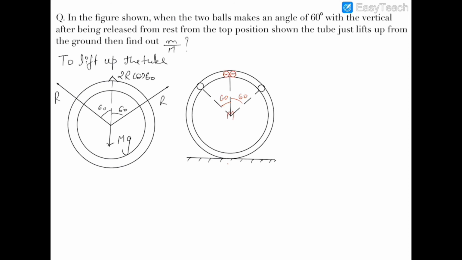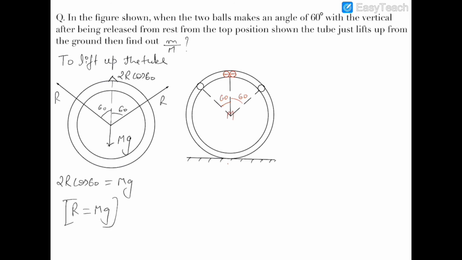So if this 2R cos 60 is balanced by Mg of the tube, then the tube will lift up from the ground. Therefore this R will be equal to Mg.